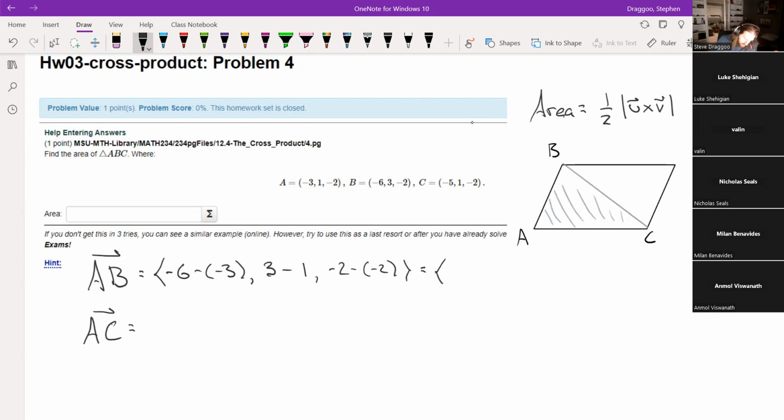Add up each of those, and hopefully we get -3, 2, 0. At least if my math is right, that's what we get. I'm sure that if I mess that up, someone will let me know in the comments. Cool. So that's the first vector I got, -3, 2, 0.